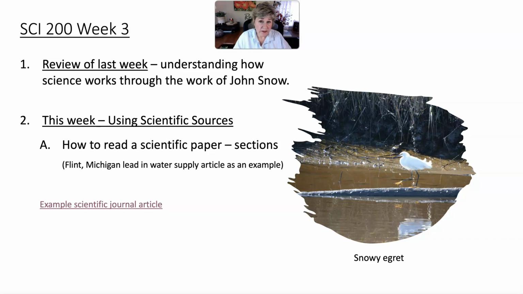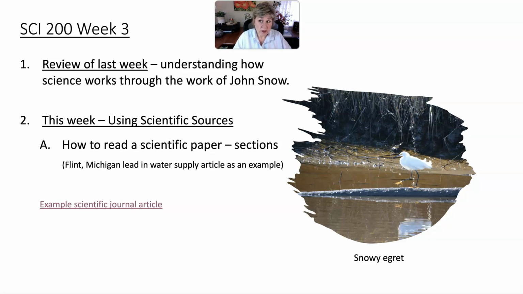And that's important: scientific sources. These are not news articles. They are not opinion pieces, right? They are scientific research papers on these topics. Now, yes, they can be difficult to read. We'll talk about that.